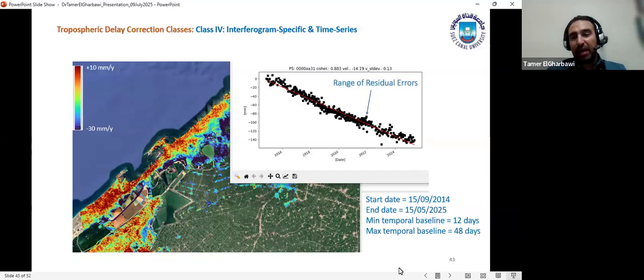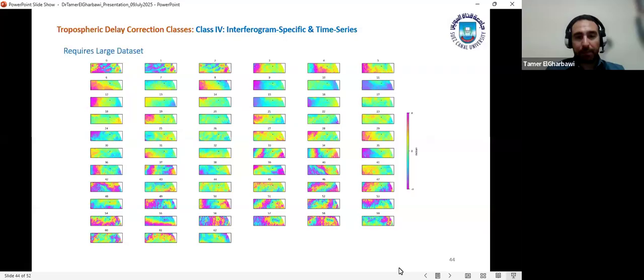We can see that the linear fit is actually the deformation direction, and all these scattered points show the range of the residual error, mainly due to atmospheric delay. This is a list of interferograms in Marsa Matruh city, on the north coast of Egypt.